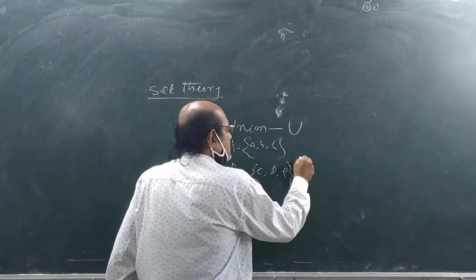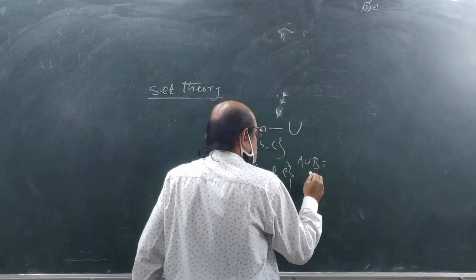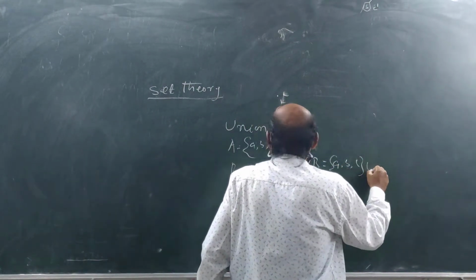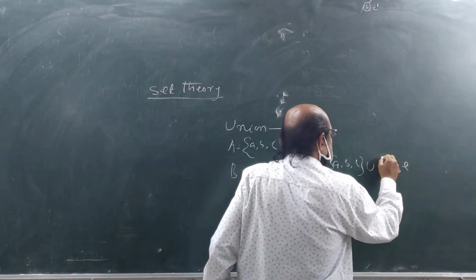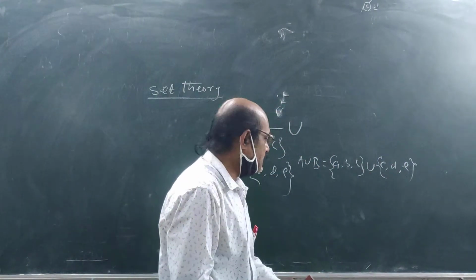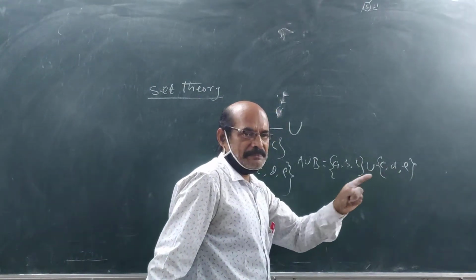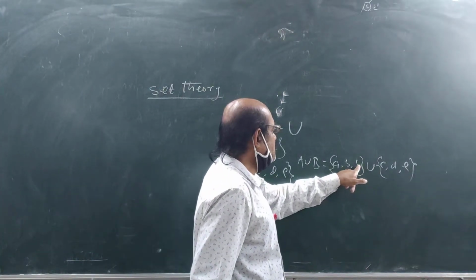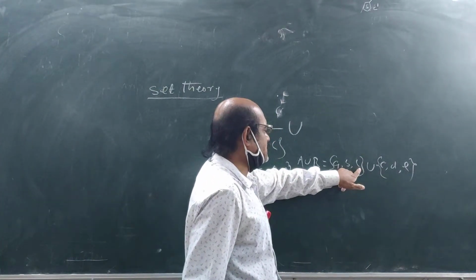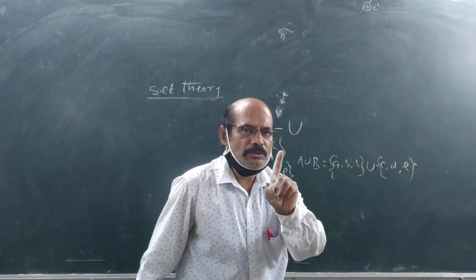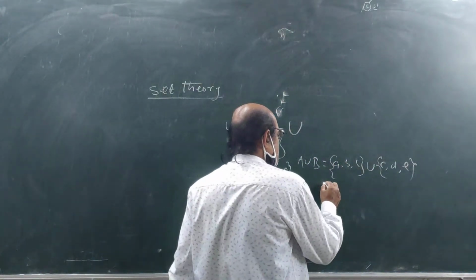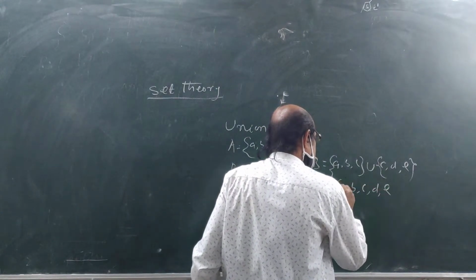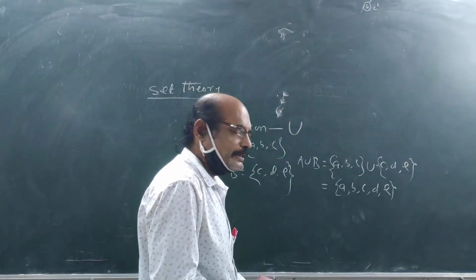Then A union B is equal to {a, b, c} union {c, d, e}. The union set is defined as taking all the elements together, but repetition of elements should not occur. The meaning of repetition is here c and c. Don't take c twice. So A union B is equal to {a, b, c, d, e}. That is the union.